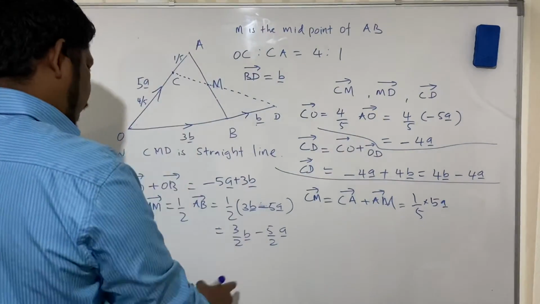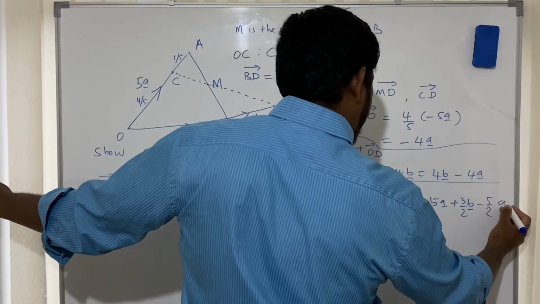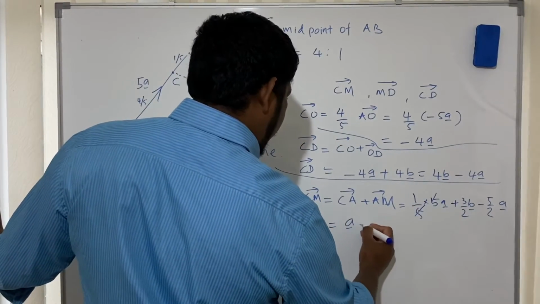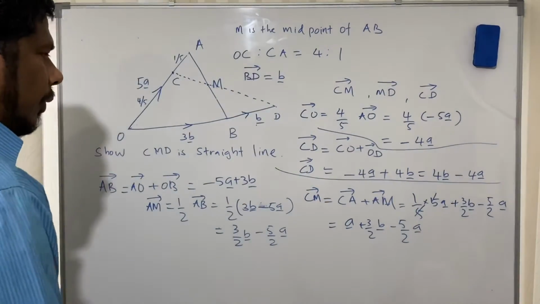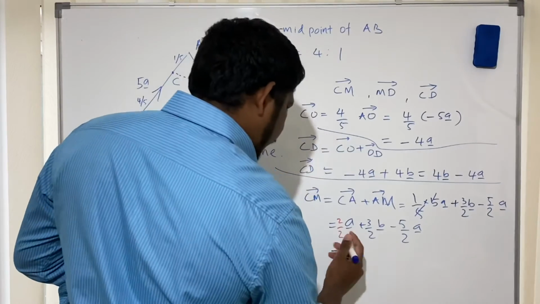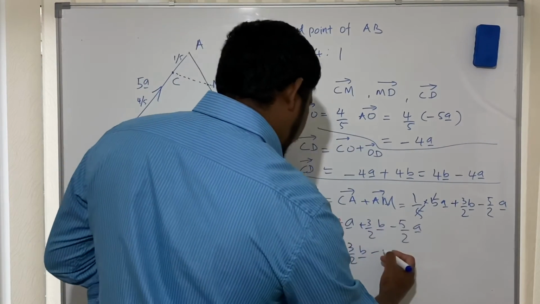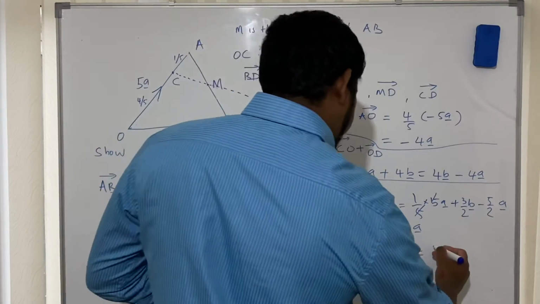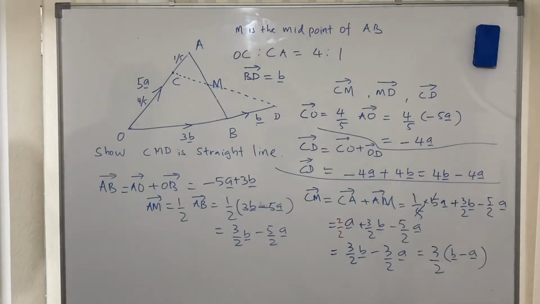And AM, I will define here 3/2 B minus 5/2 A. So you can cancel this 5, so it's going to be A plus 3/2 B minus 5/2 A. So I can put here 2 over 2, that means you can do some math, so it's going to be 3/2 B minus, 2 minus 5, so negative 3/2 A. So that is 3/2 (B minus A).